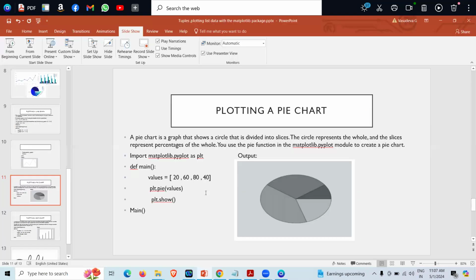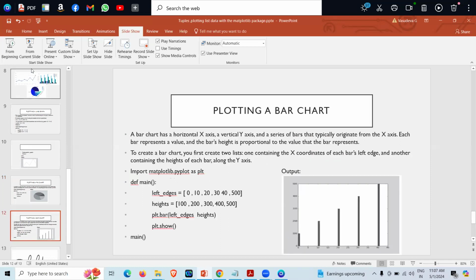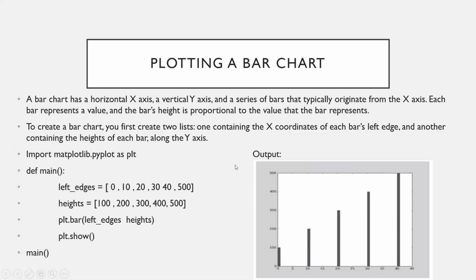And again we have one more thing, that is the bar chart. In this bar chart also we have the same x-axis and y-axis and x coordinates and y coordinates, and we are giving a function called bar, and we are passing these arguments to this bar function in main.